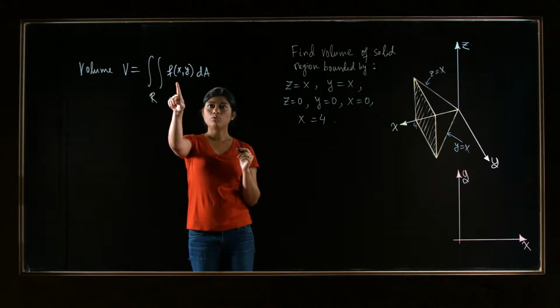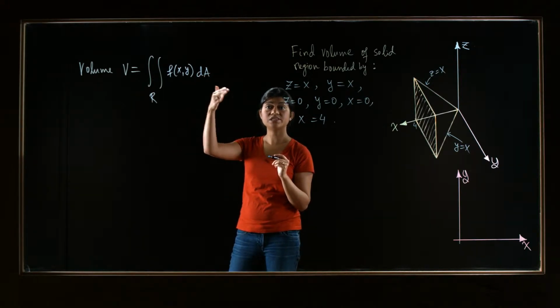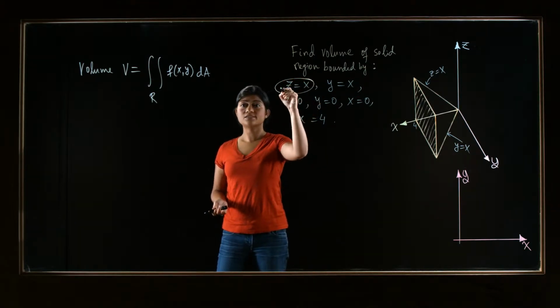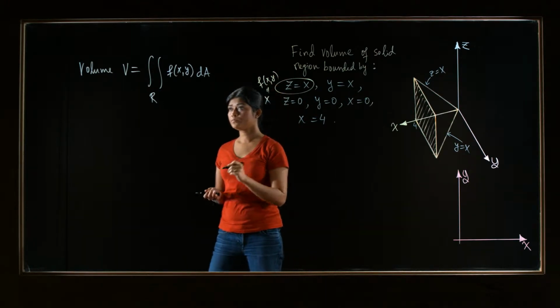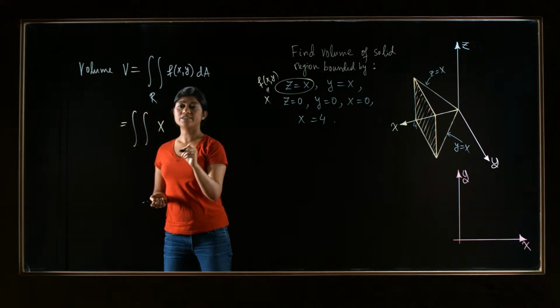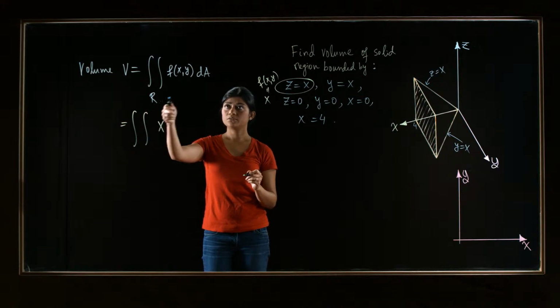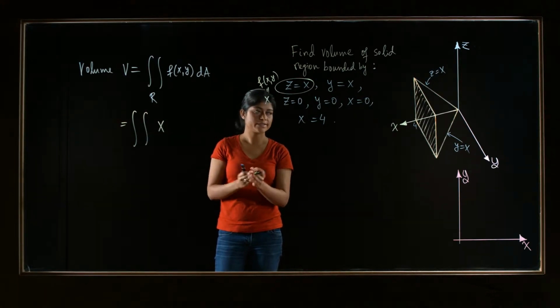Okay. So, what function do we have? So, that's the z, right? What is z equals? And notice we have z equals x. So, that's our function. So, our function is x. So, let's write that down. Function is x. And then we have to figure out the region and then figure out if dA is dx dy or dy dx.